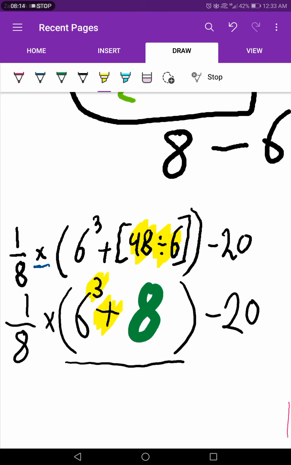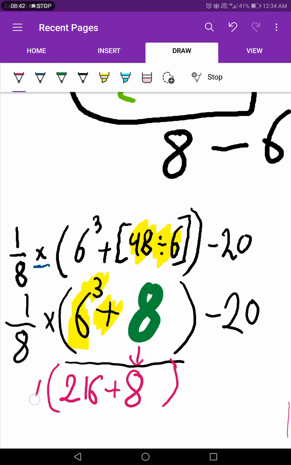Now I move to the order of operations: the power before plus, so I have to execute this. 6 with power 3 equals 216, and the rest I will write as it is. This is 1 over 8 multiplied by the parentheses, minus 20.